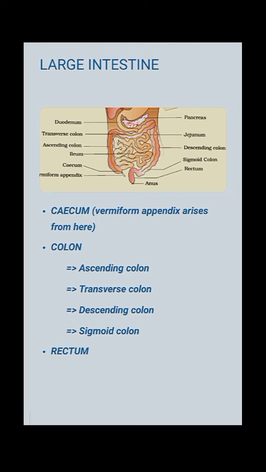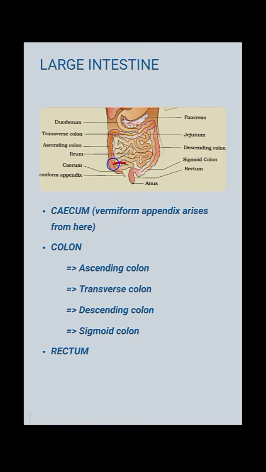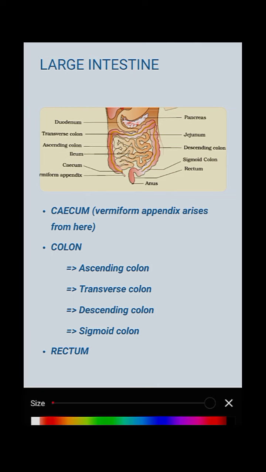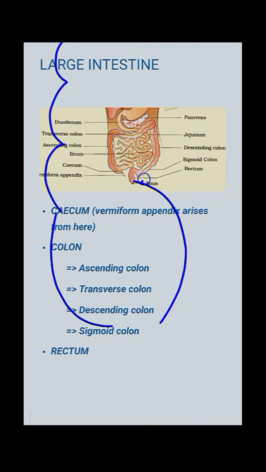Now let's study our large intestine. Our large intestine also has three parts like our small intestine: the cecum, colon, and rectum. First let's see the cecum, the part after the ileum. You can see here, that is the cecum. Let me zoom in and draw. See here, this is the large intestine.